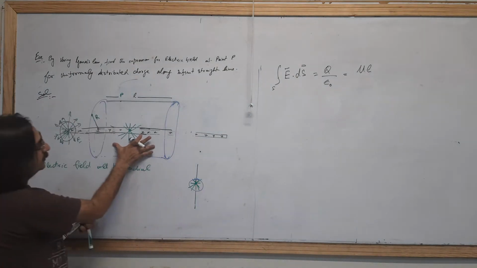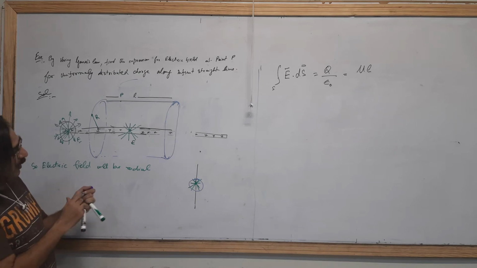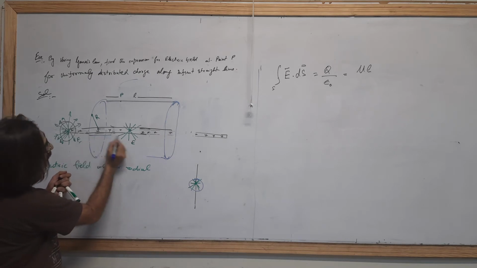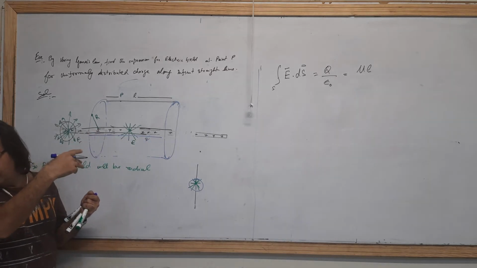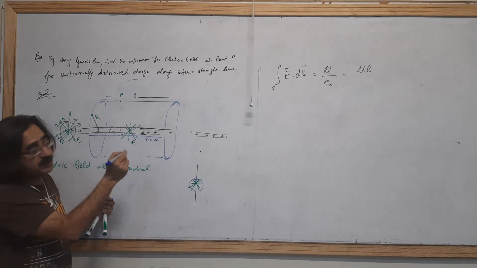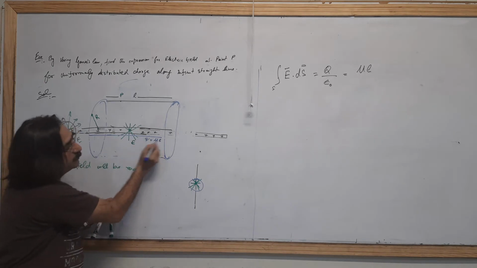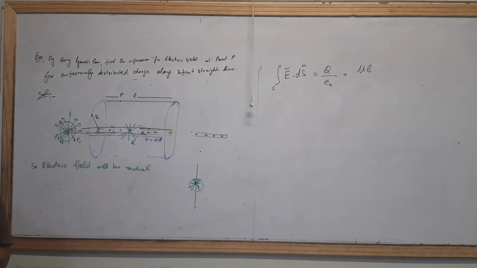Q is the charge enclosed by the Gaussian surface, that is mu L. Mu is the uniform linear charge distribution, and L is the length of the charge enclosed by the Gaussian surface.